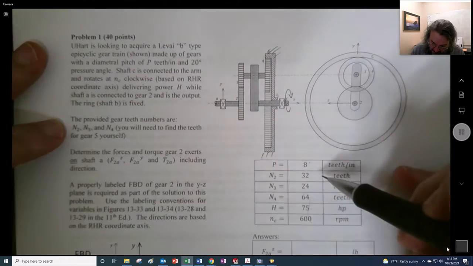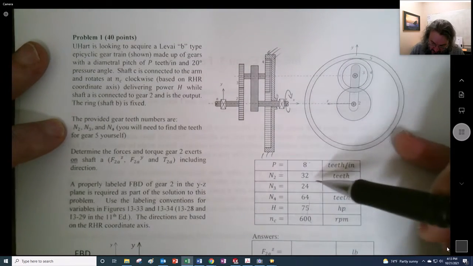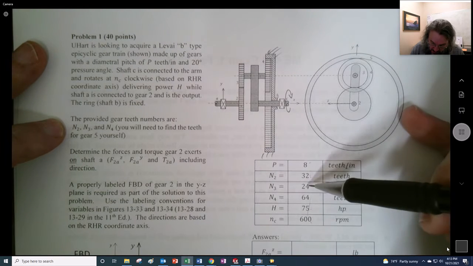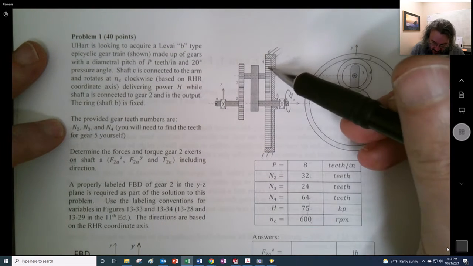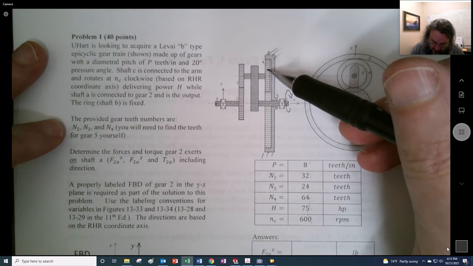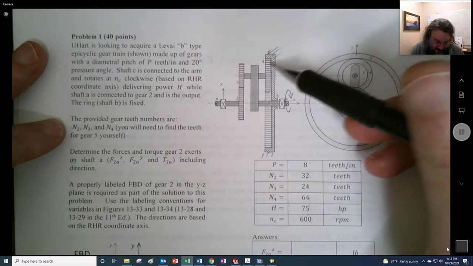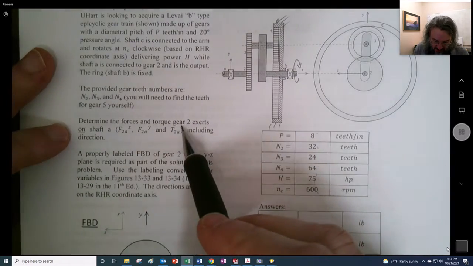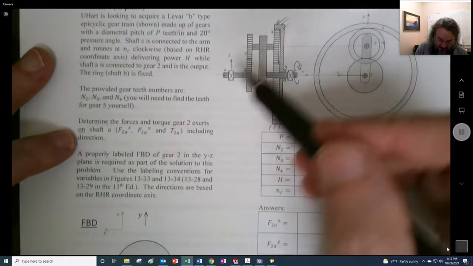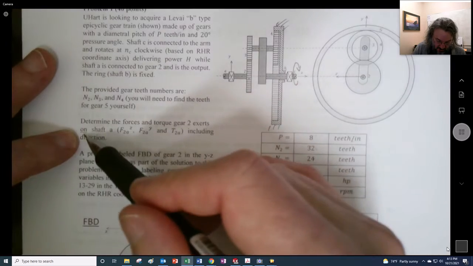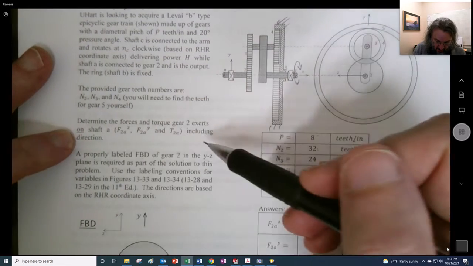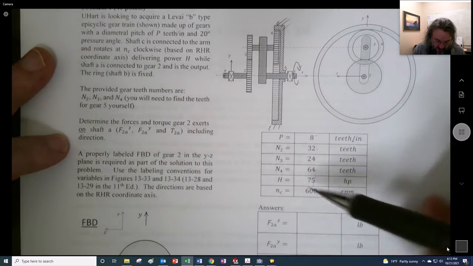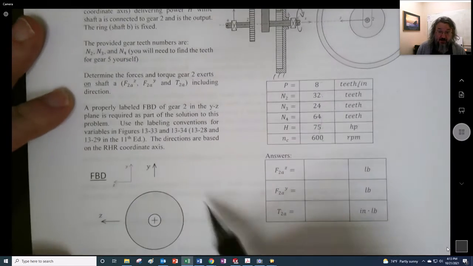The provided teeth numbers: number 2 has 32 teeth, number 3 has 24, 4 has 64, and we don't know 5 yet, but we can find it. Determine the forces and torque that gear 2 exerts on shaft A, including the direction. And as part of this, I want a free body diagram.